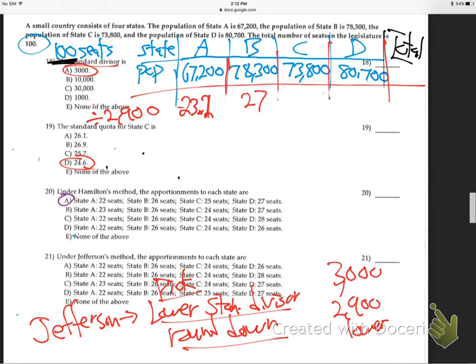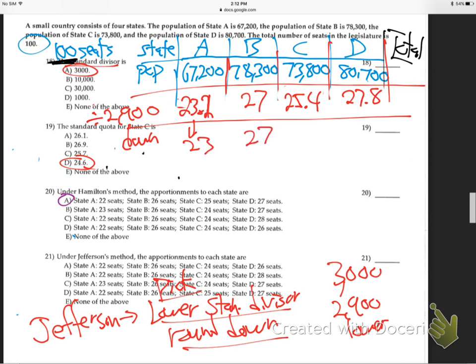That's funny. 3,800 divided by 2,900, I'm getting 25.4. And 8,700 divided by 2,900, I'm getting 27.8. Round them all down. So down, says Jefferson, down, down, down, down. 23, this just stays 27, it's not even a decimal. 25, 27. And then add them up. Is the total 100? No, it's like 102, isn't it? Yeah, it's 102. It came out too much.